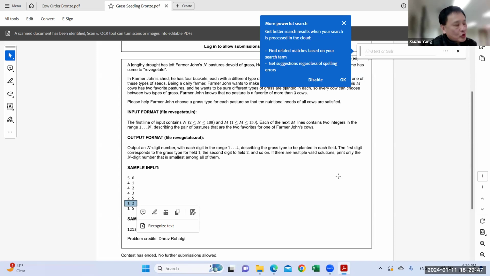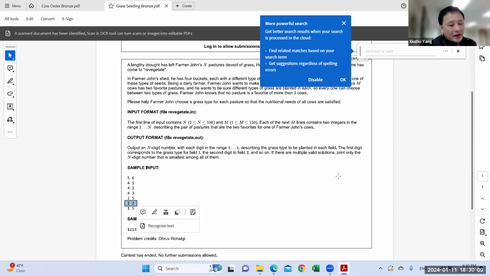I will always try to put the smallest number there. But it will give me a problem because this cow will only eat grass on pasture one and pasture two, and you want to keep it healthy, so it needs to eat two different grasses.